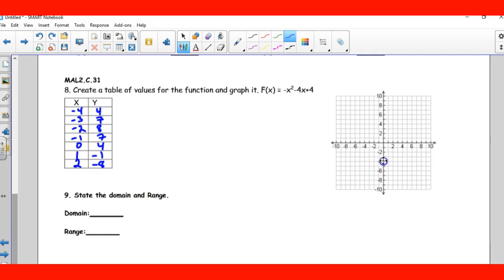Again, negative 4, 4. We have negative 3, 7.